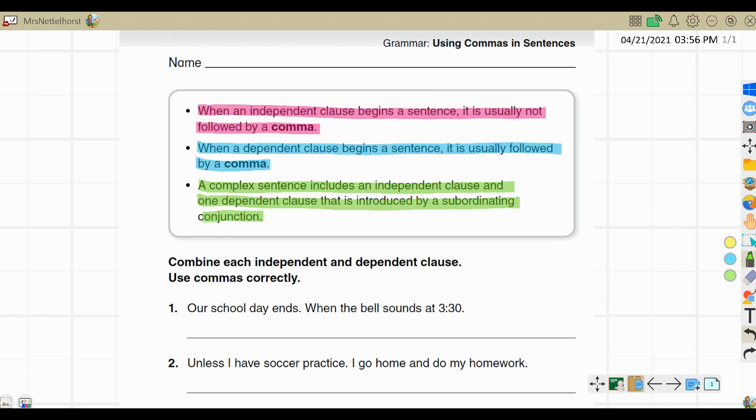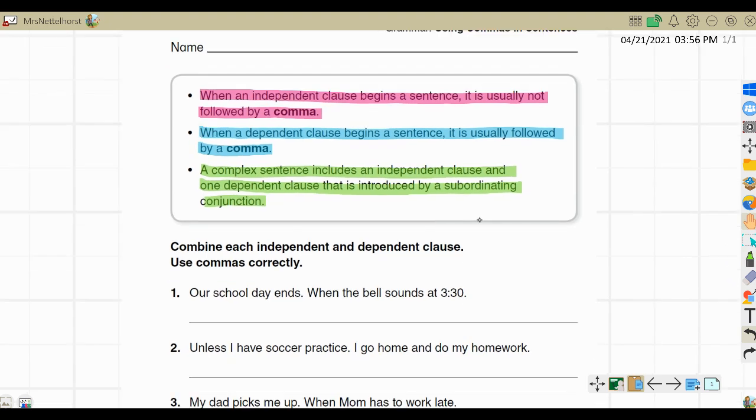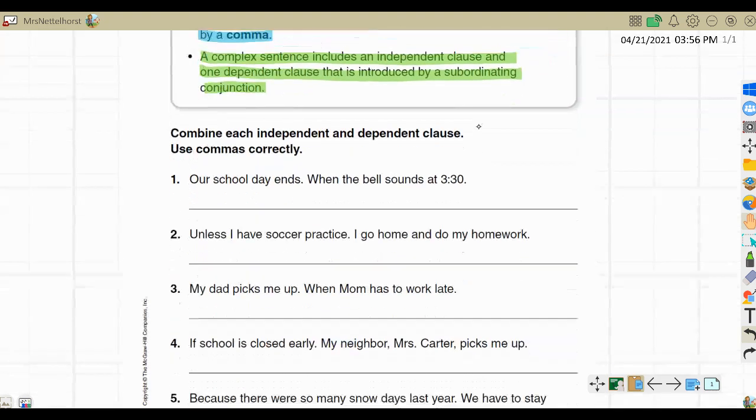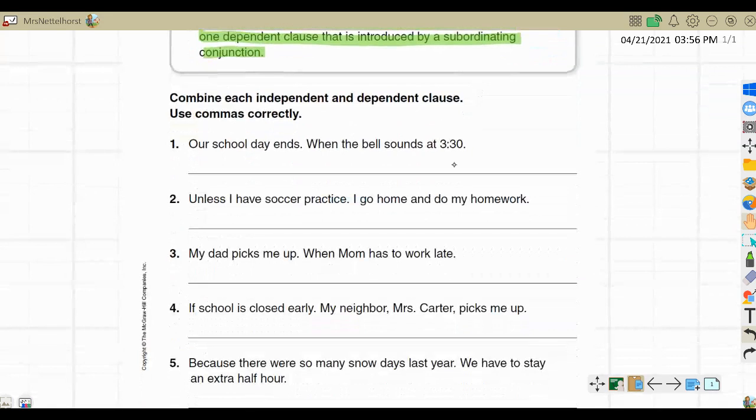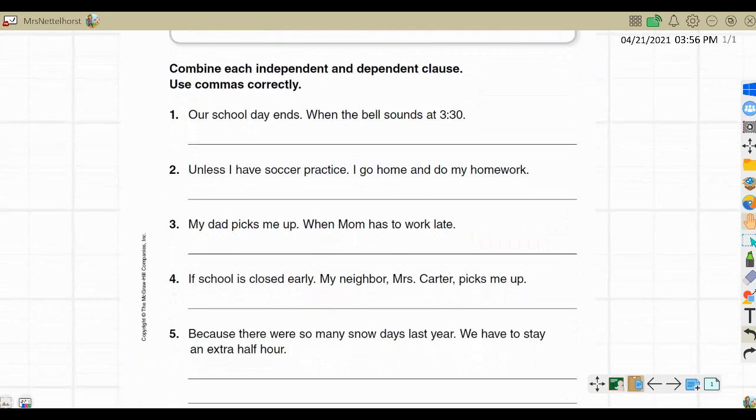Remember, those are the words like before, when, and so on that we learned about before. Okay, so we're going to combine each independent and dependent clause. We're going to use commas correctly. That means that if our dependent clause comes first, then we are going to put in a comma, but otherwise we don't. Okay, so let's look at number one.